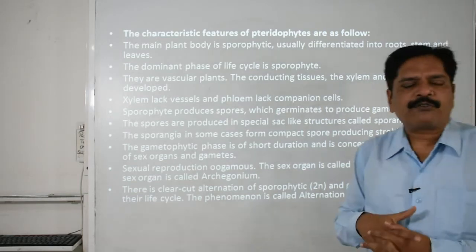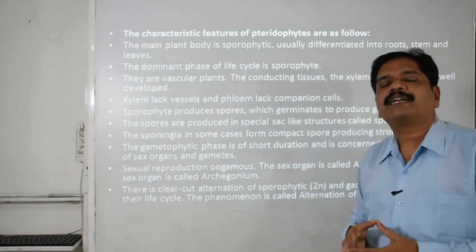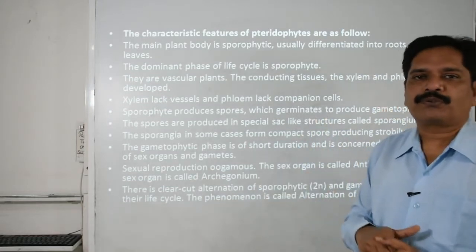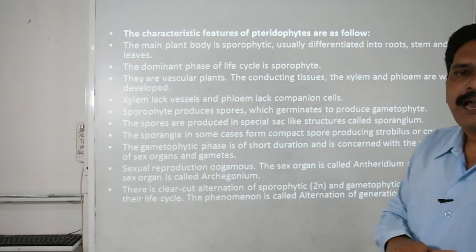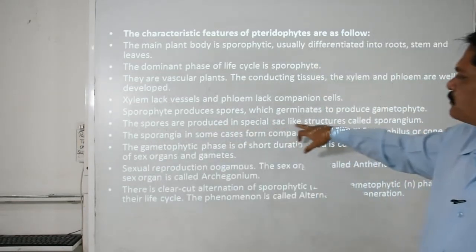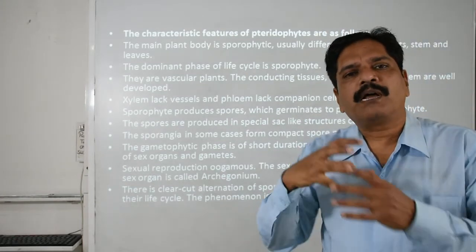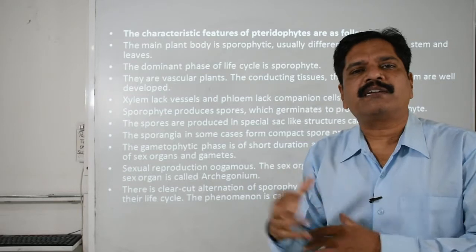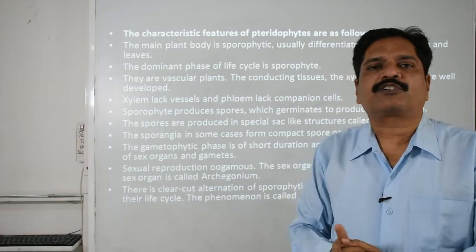Clear? Sporophyte will undergo meiotic cell division and it will produce the haploid spores. Okay, and after germination of these spores they will produce the haploid gametophyte. Clear? Now the spores are produced in a special sac-like structure which is called sporangium.